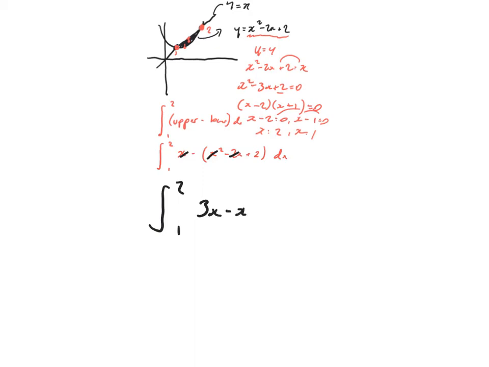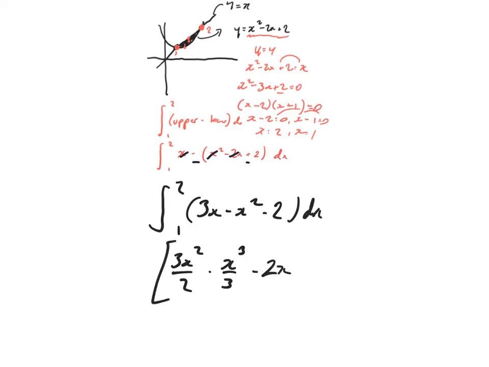Got a minus x squared, and minus the 2 in there will be minus 2, and that's what I'm integrating between 2 and 1. Add 1 into the power, divide by the new power, 3x squared over 2 minus x cubed over 3 minus 2x. Remember that if you integrate a constant, it becomes a constant x, 2 will become 2x, between 2 and 1.